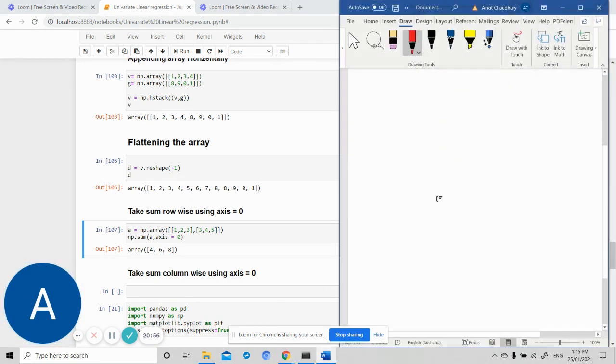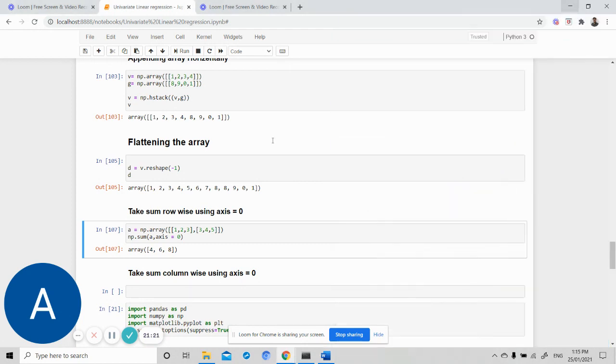Like if we have a equals [1 2 3], [3 4 5], then it adds, sorry, this equals 4, 6, 8. This is when the axis is equals 0.